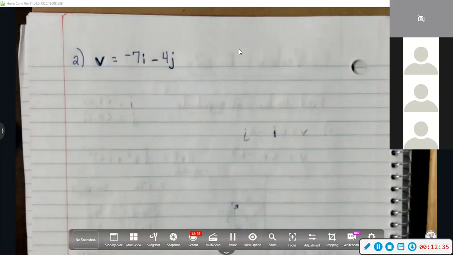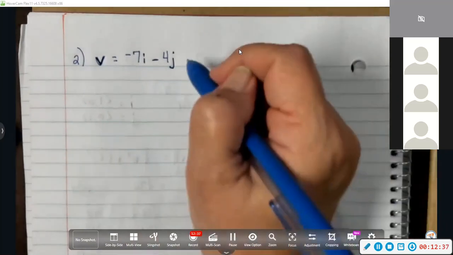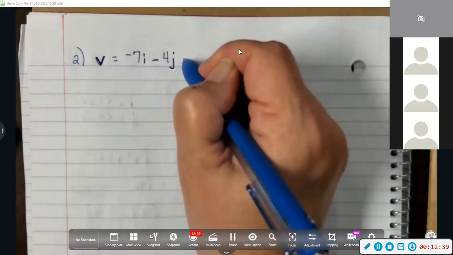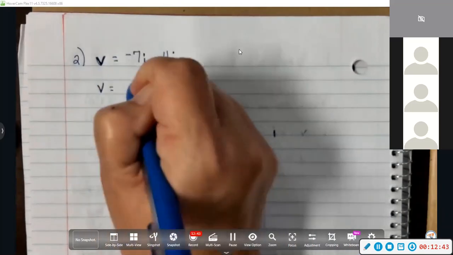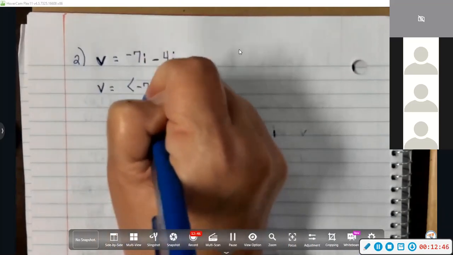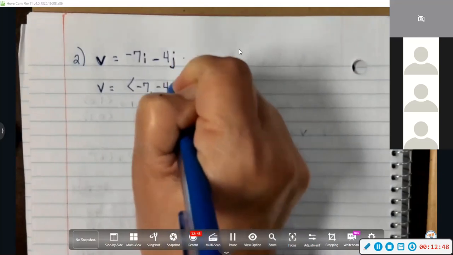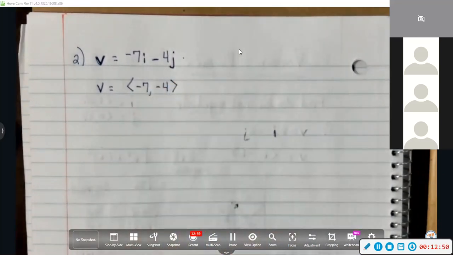All right, personally, the first thing I would do is take this from linear combination form and write it in component form, because I think it's easier to see it that way.